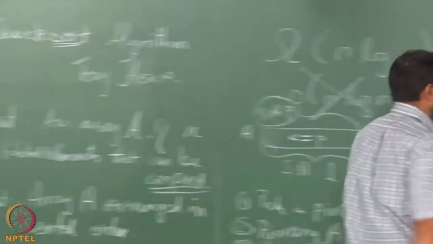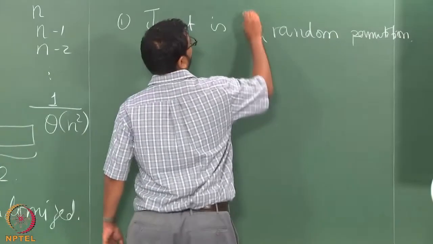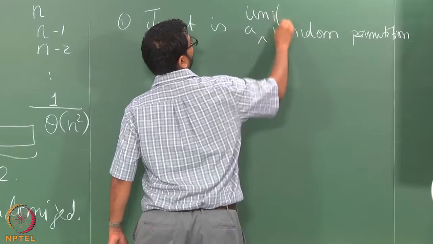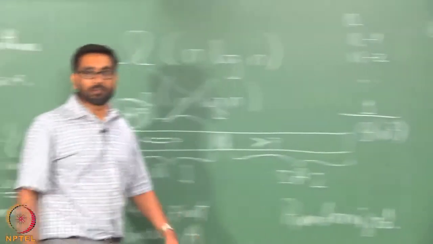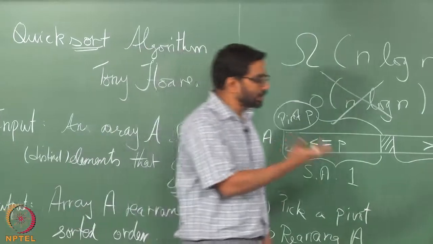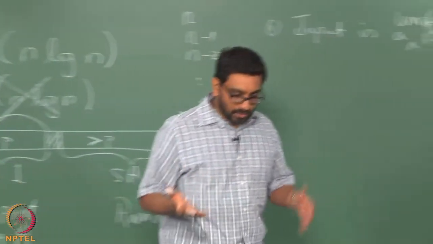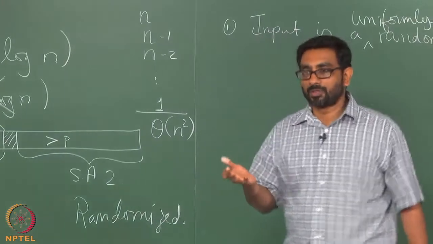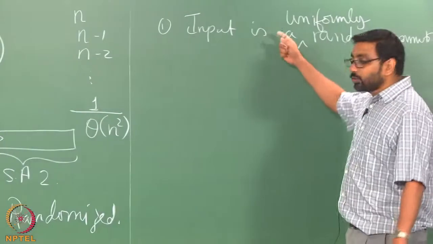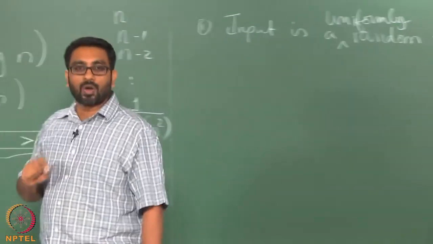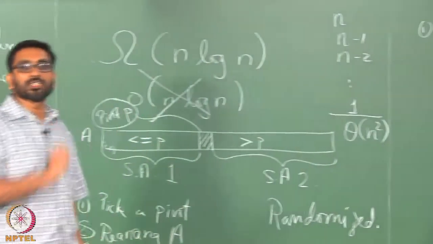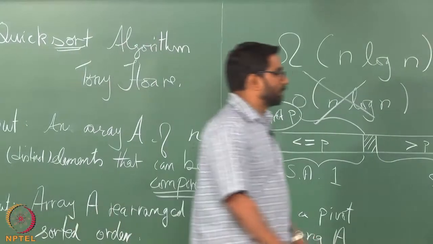If we want to be a little bit more pedantic, we can add uniformly random permutation. What this means is that given n items, there are n factorial possible permutations, and among those n factorial possible permutations, we have chosen one uniformly at random. So each permutation occurs with probability 1 over n factorial.